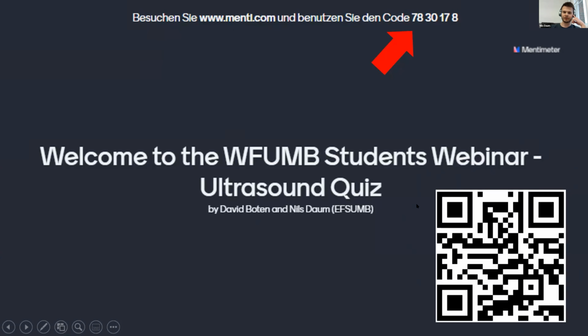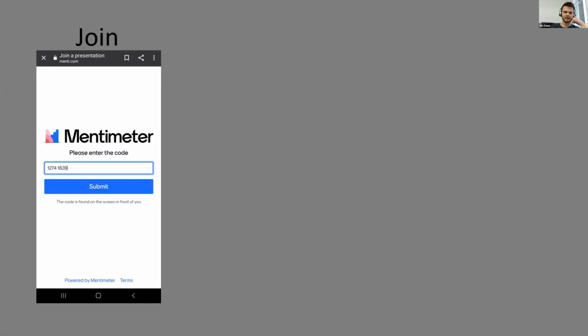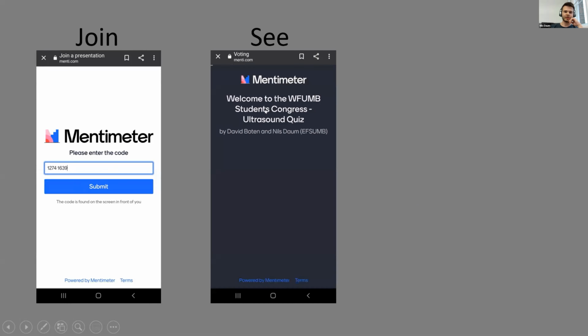You will also have the code at the end. This is the screen you should also see. It's the Mentimeter screen here. You can join us with the number, which is also here on the higher side of the page. What you see is also on your phone and also on this shared screen.